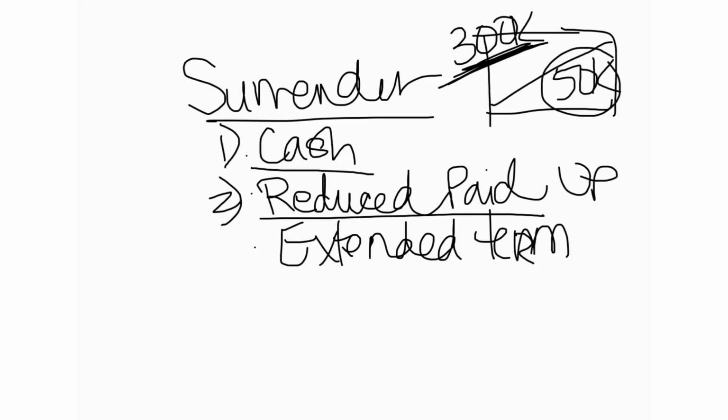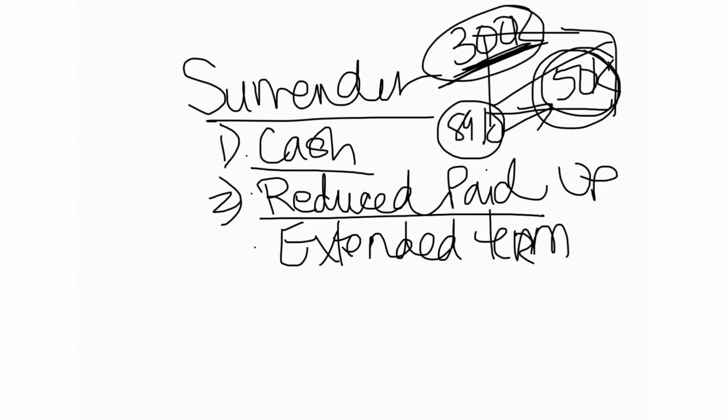So I take my 50,000 and buy a term policy, but instead of 300,000, I'm getting maybe, let's say, 89,000 in coverage because that's all the 50,000 will buy. So reduced paid up means I got a new policy, but with a reduced face amount for a certain amount of time.